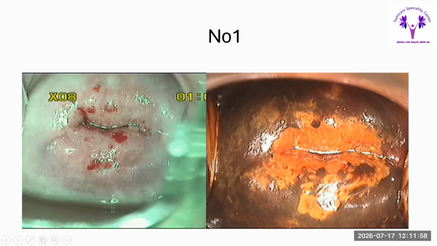See, the margins here are not very sharp, there is geographical distribution, and the type of color the Lugol's iodine takes. So this is slightly mahogany brown here because, as I told you, it is dusky and a lot of blood vessels are seen. That is why the iodine has not been taken properly in this area.